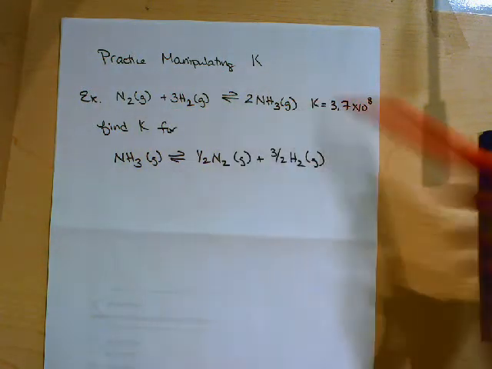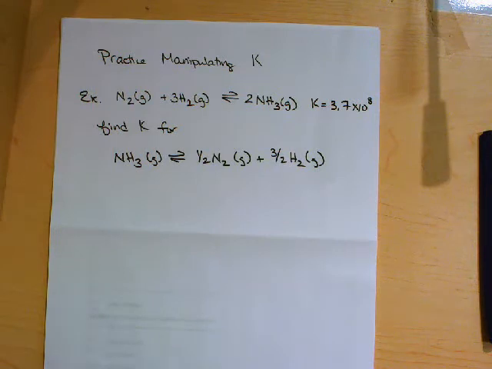So I have the original equation with the original K. I have now done some things to this equation, so now I want to find the new K for this equation.